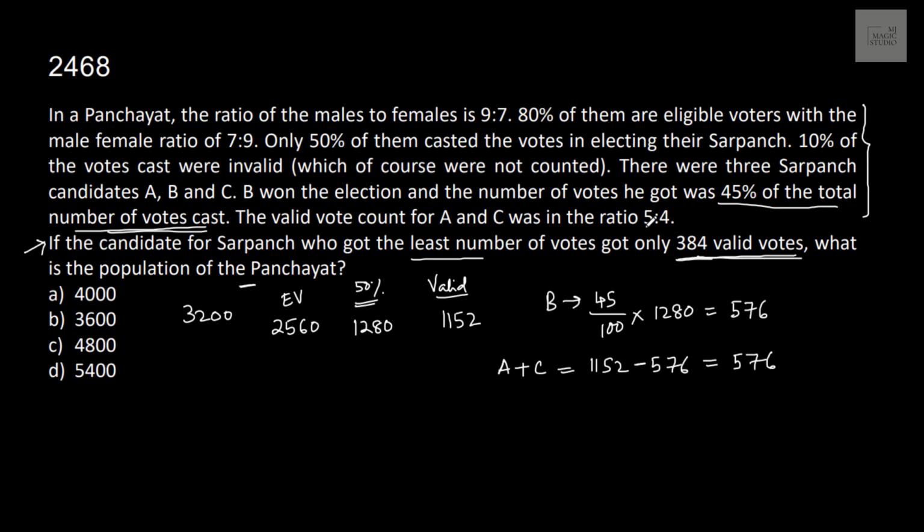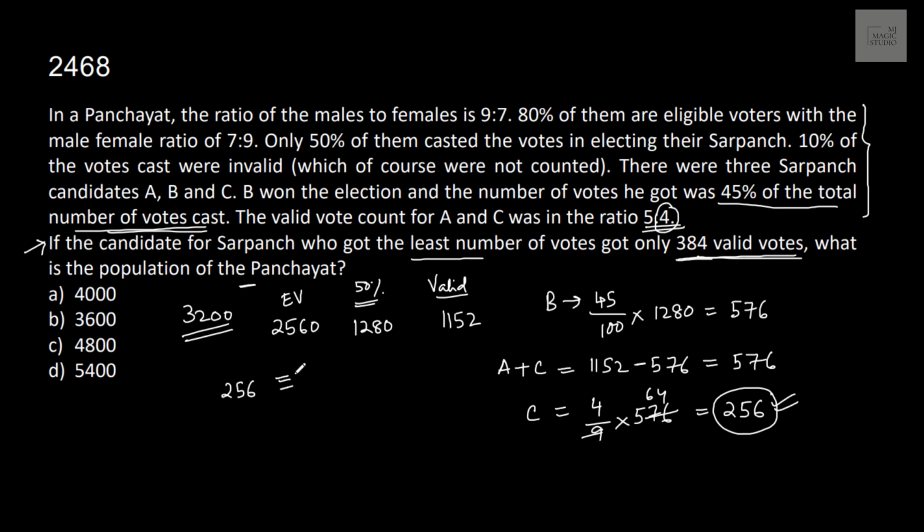The valid vote count for A and C was in the ratio 5:4. That means C has got the least votes. Votes received by C are 4 by 9 into 576, 64 into 4 would be 256. That means if the population of the village is 3200, C should get 256 votes.